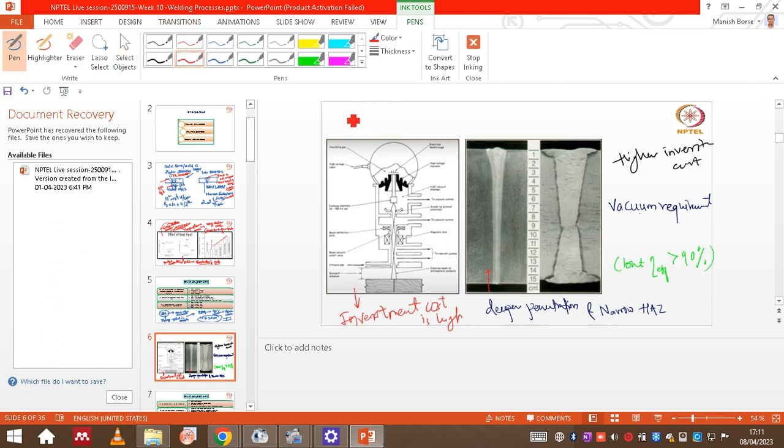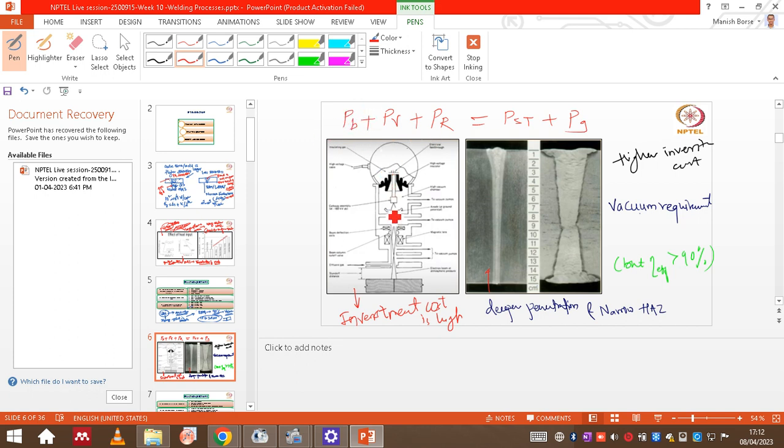So we have seen that, in the left hand side, the beam pressure, vacuum pressure or recoil pressure, will aid the keyhole formation, and it is balanced by surface tension force and gravity force, right?